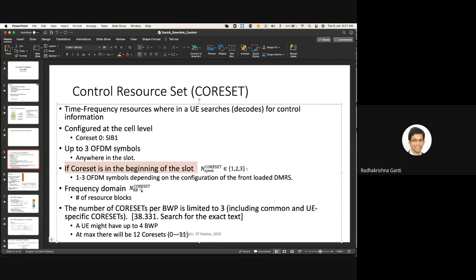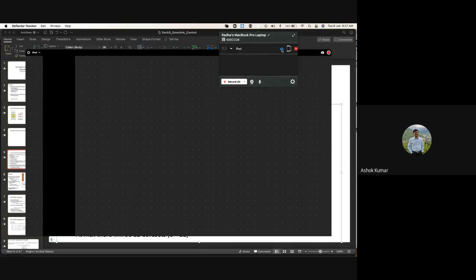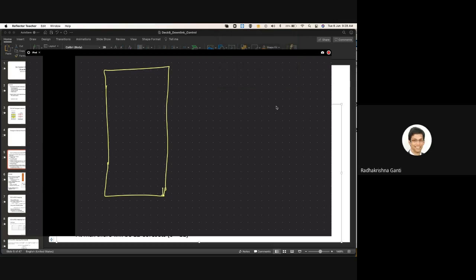So that means 3 CORESETs, because the symbols are, say, 0, 1, 2, the three symbols being used. How many subcarriers is also defined. I'll explain. Suppose this is the entire bandwidth, and this is the bandwidth part.